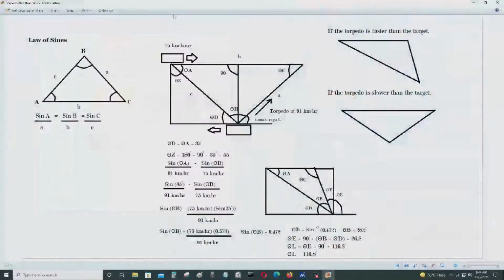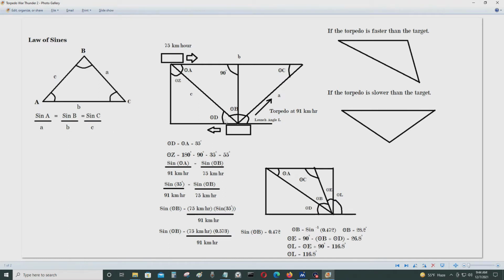Okay, the next slide shows what happens when the ships are moving in opposite directions to each other. So we would have to use something a little bit different. We could still use the law of sines to solve for it.